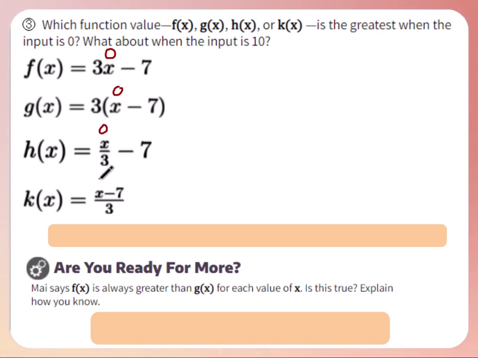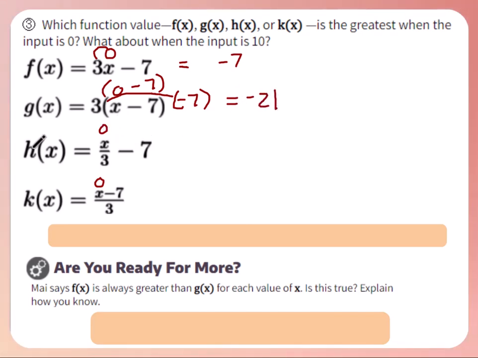I'm putting the 0 above the x. 3 times 0 is 0, and then 0 minus 7 is -7. For g of x, we need to work what is inside of the parentheses first. We've got to perform 0 minus 7. 0 minus 7 is -7, and then multiply that by 3. 3 times negative 7 is negative 21.